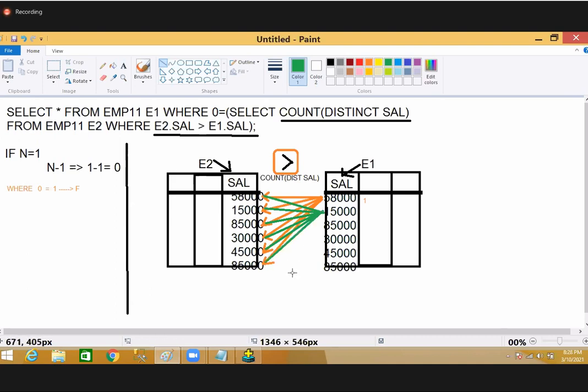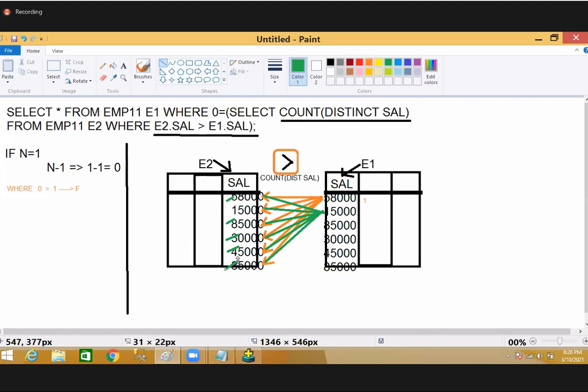Now tell me, guys, 15,000 above. How many values are there in the E2 table? 15,000 above: 1, 2, 3, 4, 5. So 5 values are there which are more than 15,000.